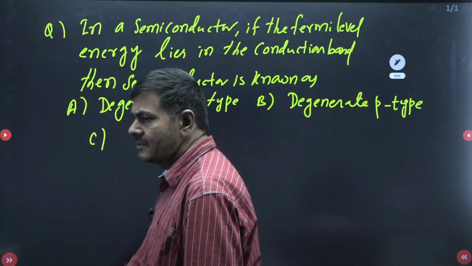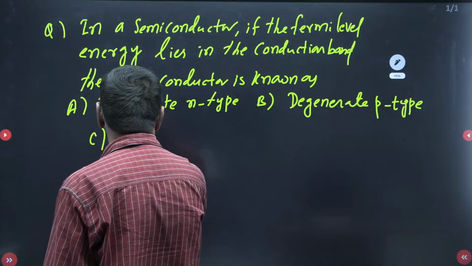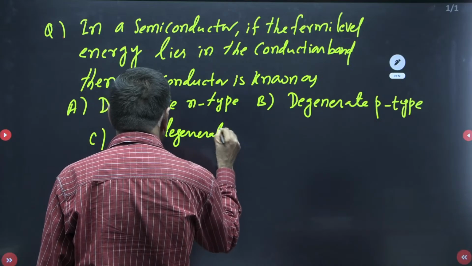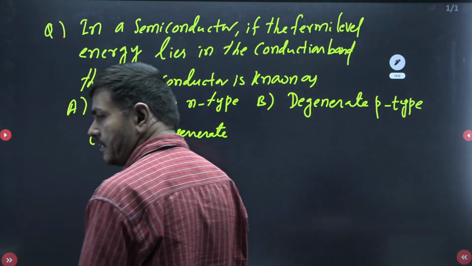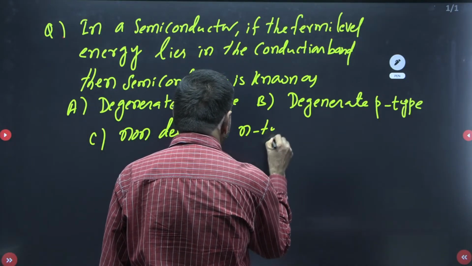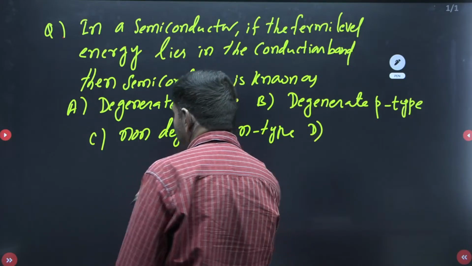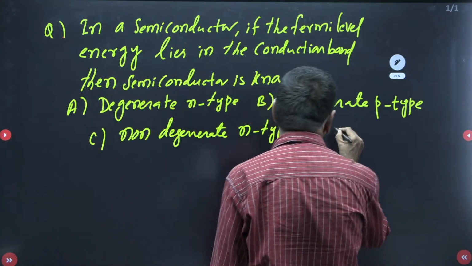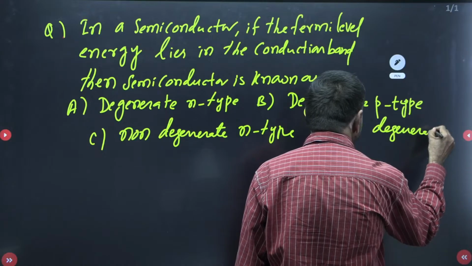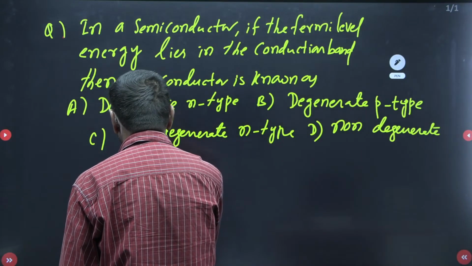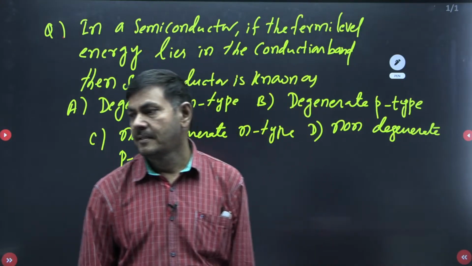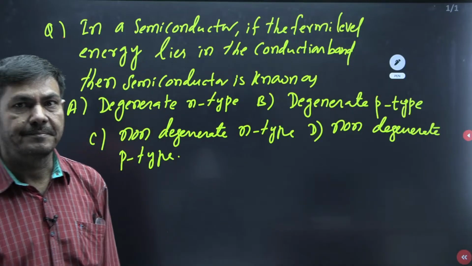Option C is given here, non-degenerate N type. Option D is given here, non-degenerate P type. Yes, these are the 4 options given for this question.